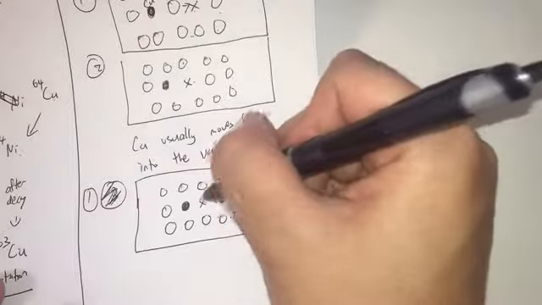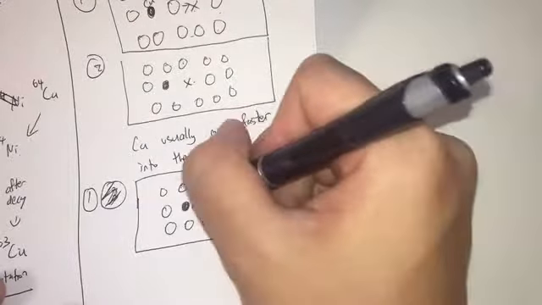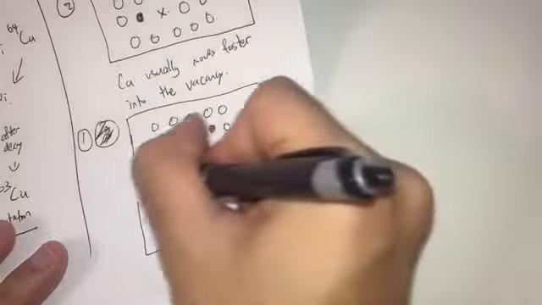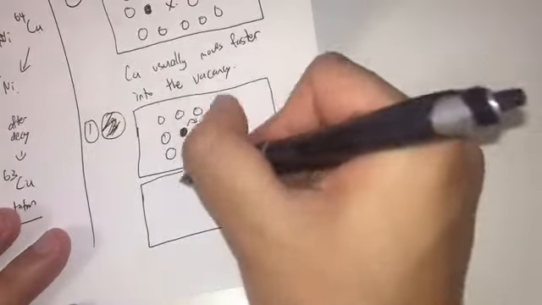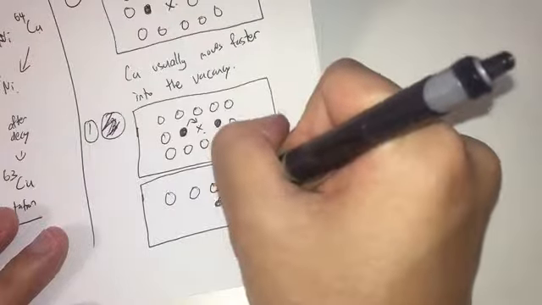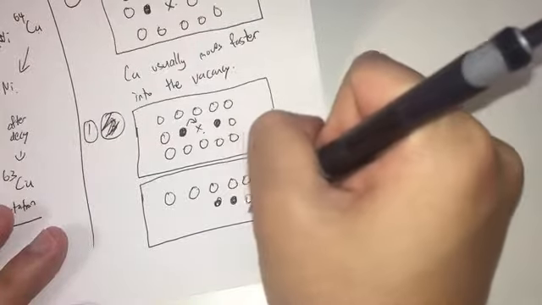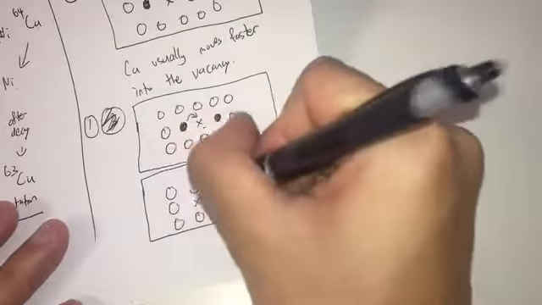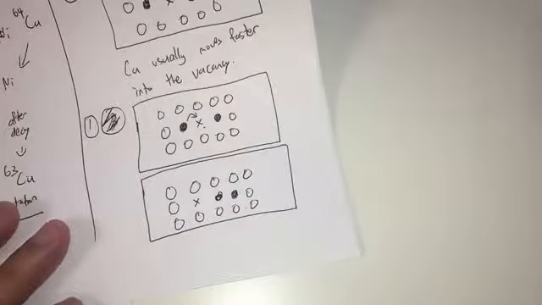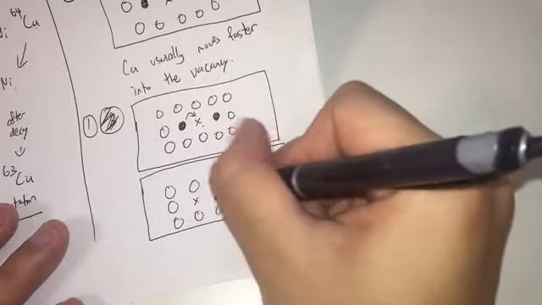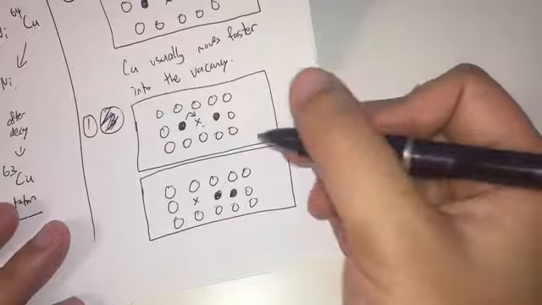Which atom will move here? Likely the copper will be faster. If the copper moves here, the copper atoms will start joining together, and they will start nucleating to form their own phase inside.